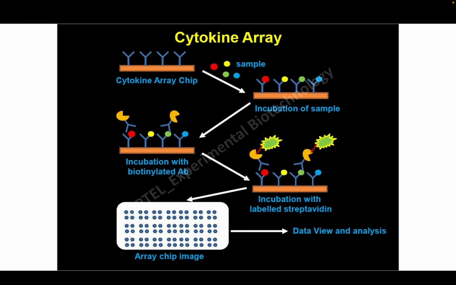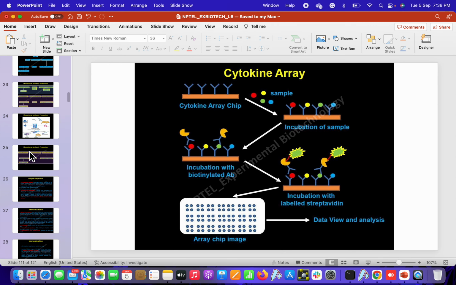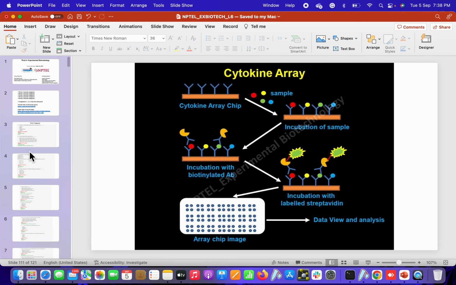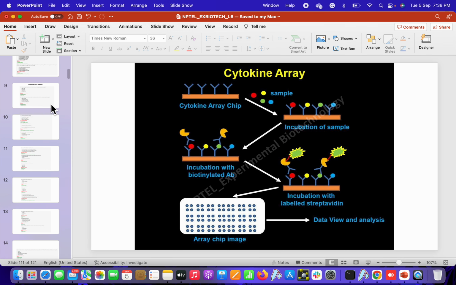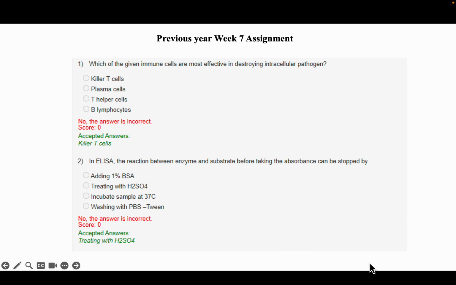Now we will discuss the previous year assignment questions so that it will help you in understanding. First question is, which of the given immune cells are most effective in destroying intracellular pathogen?